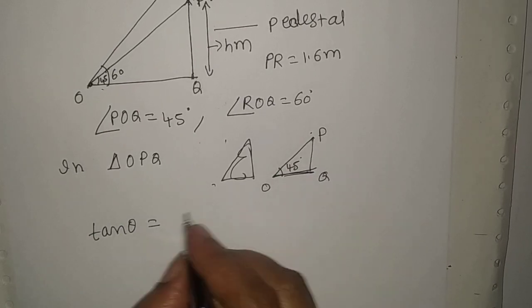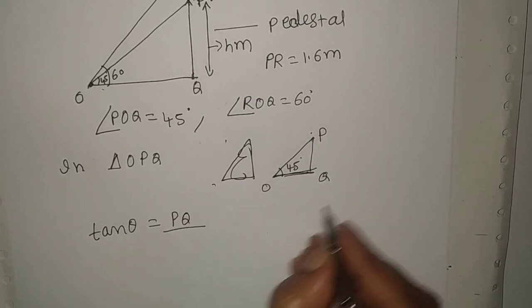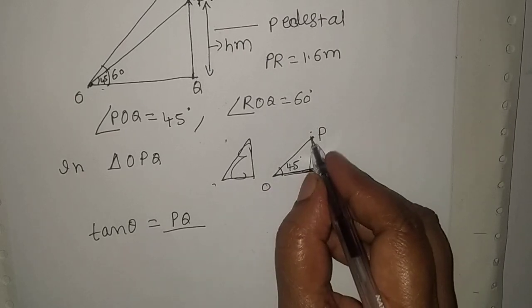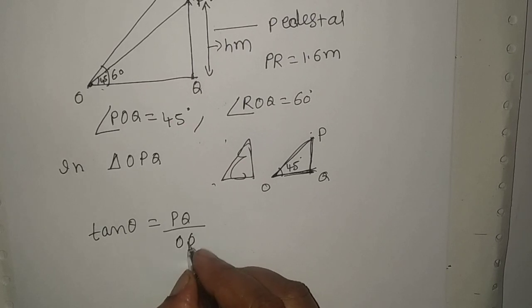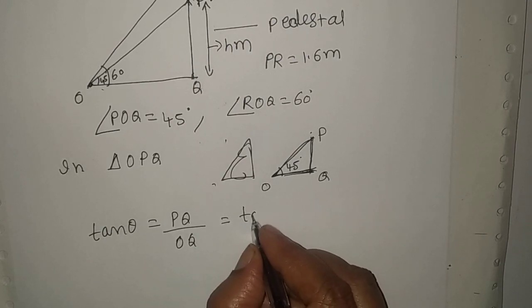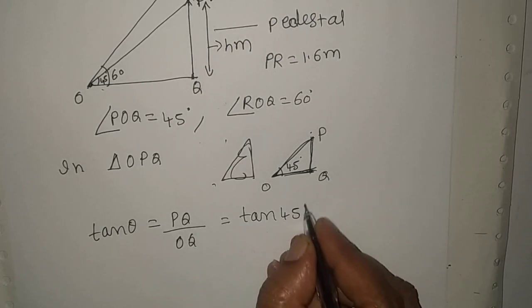Tan theta will be PQ by OQ, which is tan 45 degrees.